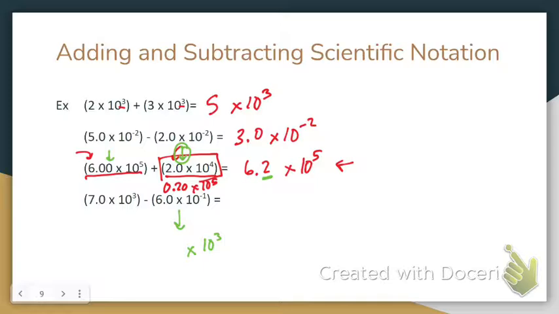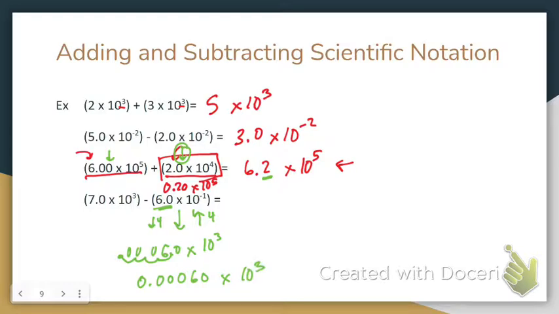To go from 10 to the negative 1 to 10 to the third, I'm increasing the exponent by 4, which means on the coefficient side, I have to decrease it by 4 so they stay equivalent. So I'm going to take that 6.0 and move the decimal 1, 2, 3, 4. Ultimately, I'll get 0.00060 times 10 to the third.